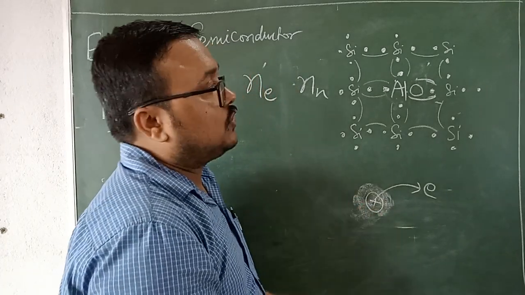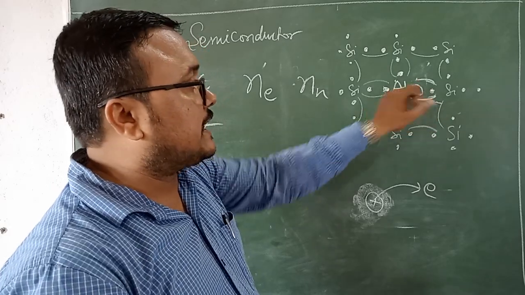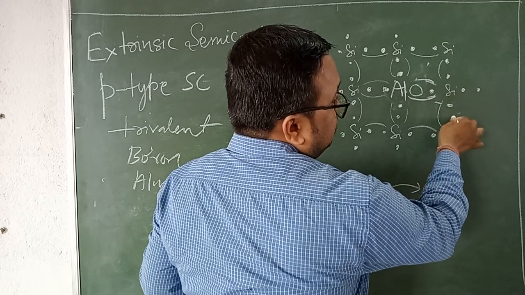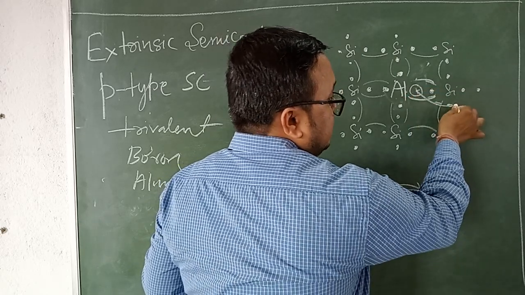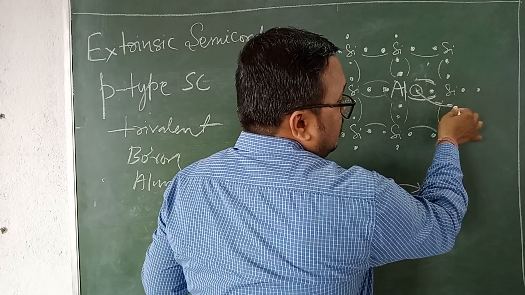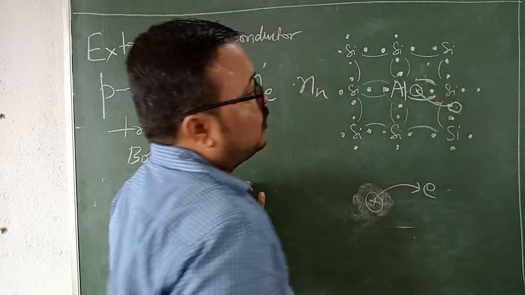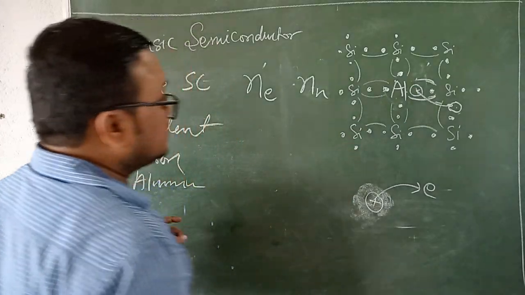This is known as a hole. So this is not a hole because this is neutral. This is only a vacant space, and a bonded electron jumps to this space. Then the place in the covalent bond where the electron was participating becomes vacant, and this is known as a hole. So this vacant space creates the hole.